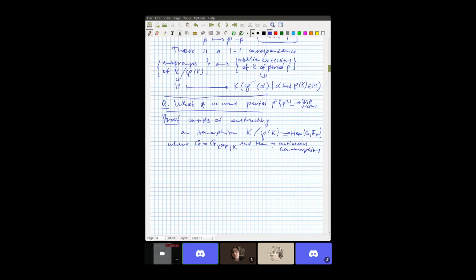Continuous actually means that they have open kernels. This means that all such homomorphisms that we consider here factor through certain finite quotients.